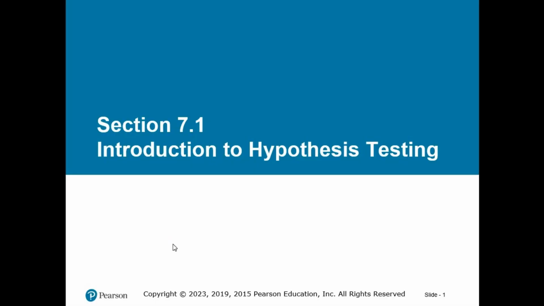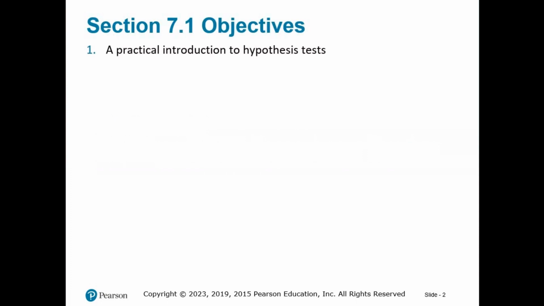Okay, let's get started. Welcome to the lecture video for Chapter 7, Section 1, Introduction to Hypothesis Testing. Here's what we're going to cover. We're going to get a good foundational understanding of hypothesis tests as they apply to statistics. We're going to learn how to state a null hypothesis and an alternative hypothesis.